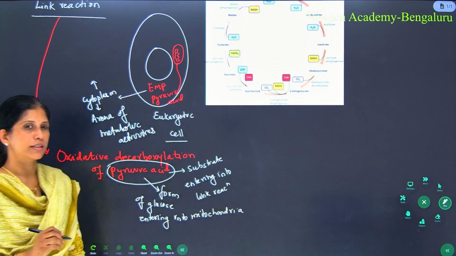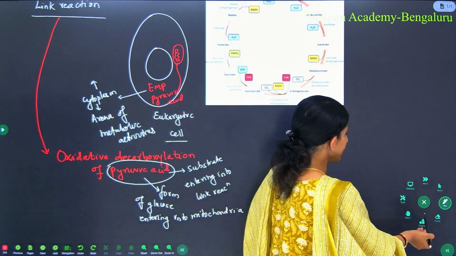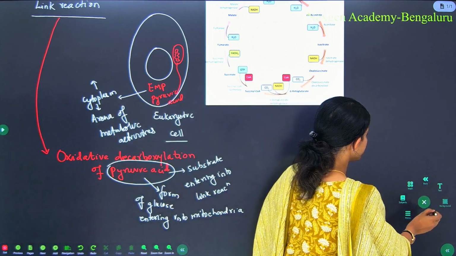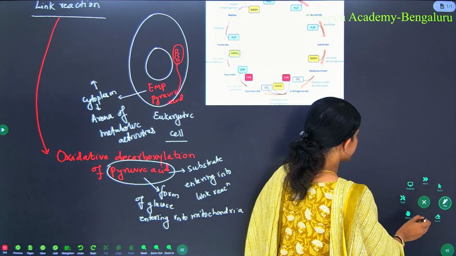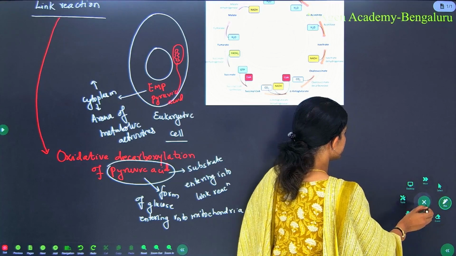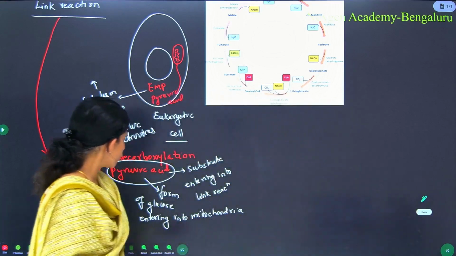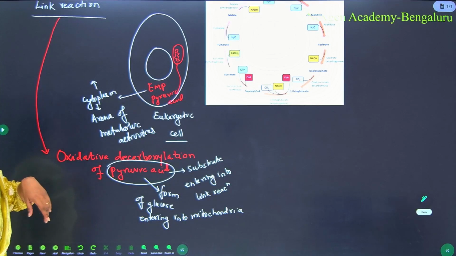So what is the form of glucose that is entering into mitochondria? The form of glucose that is entering into mitochondria is pyruvic acid, right?